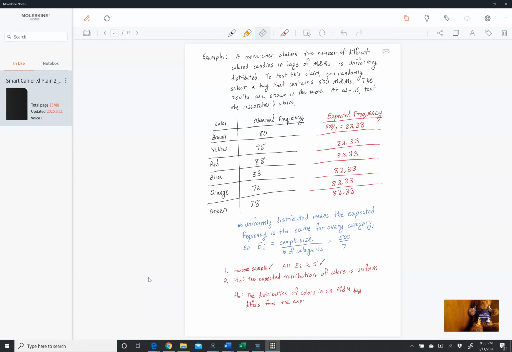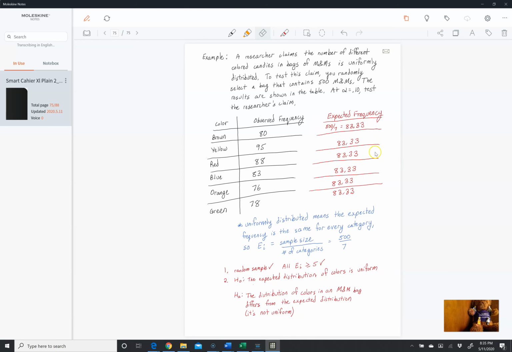You could say it's not uniform. Each color has, you could put in with each color having 16.7%.